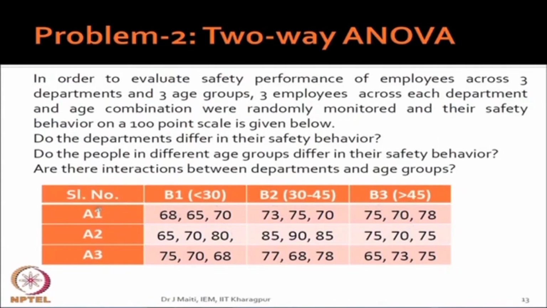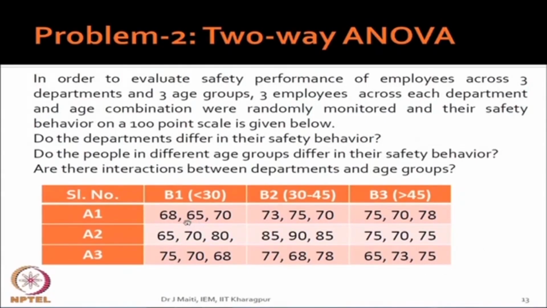This table shows the data points collected across departments and groups. For example, in the first cell 68, 65 and 70 are the data values obtained for the combination A1 and B1. Similarly for A1 B2, A1 B3, A2 B1 and finally A3 B3.